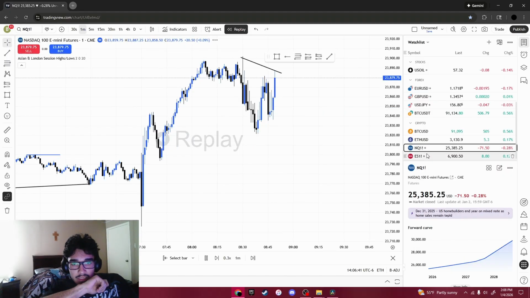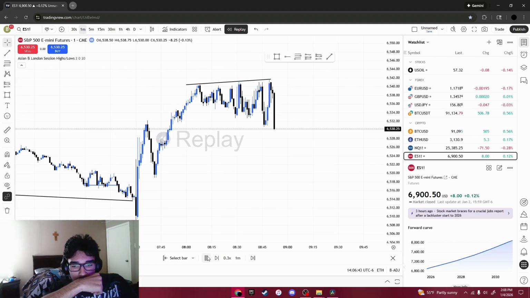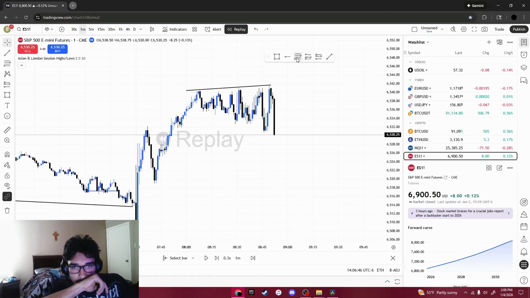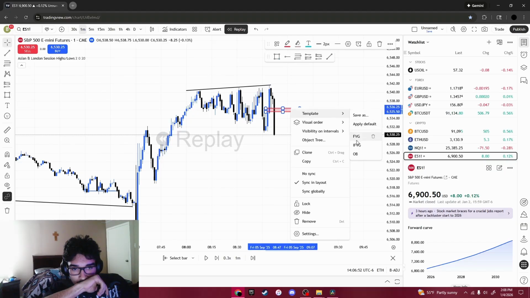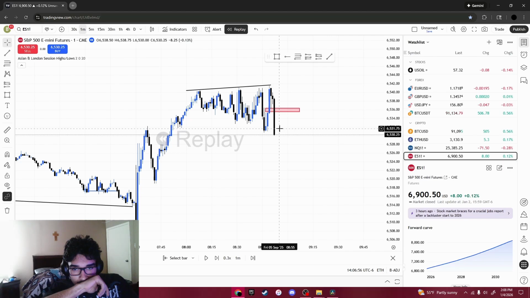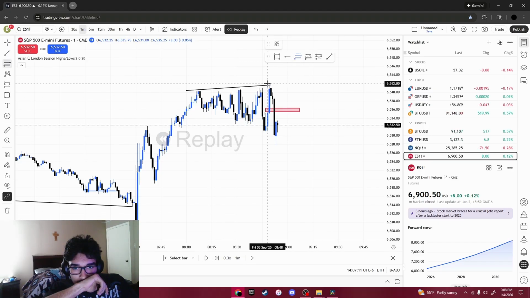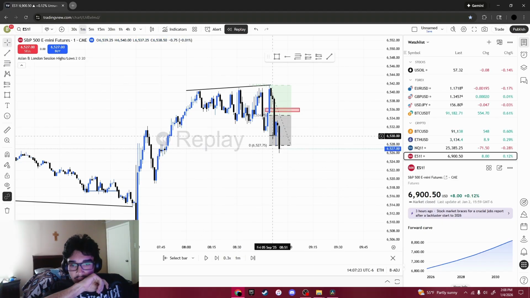Okay, this bearish SMT appears. Sweeps that gap. Break of structure to the downside.